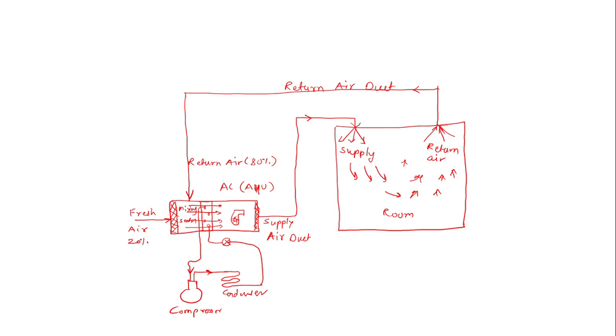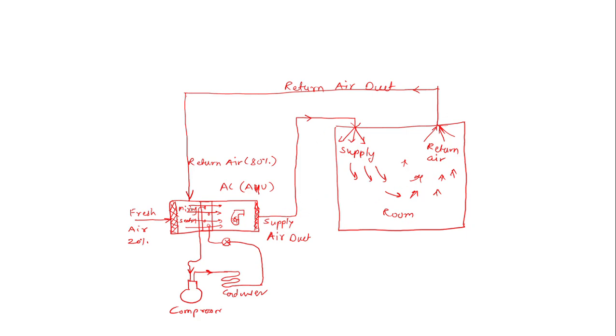Again from the mixing section, that warm air is passed over the cooling coil. The heat is rejected from the mixed air to the refrigerant. The air becomes cold and the cold air is again supplied. So this is how the entire circulation of air takes place.